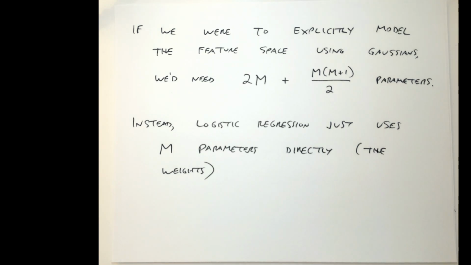So that's a big advantage of this idea: instead of fitting all these parameters and then finding the m numbers that define the decision boundary, I just talk about the decision boundary directly and optimize over that, right?